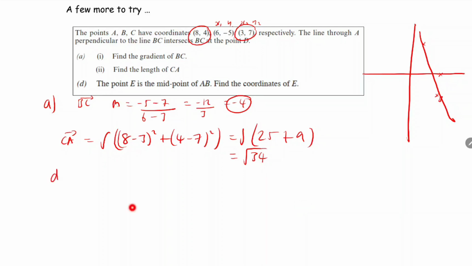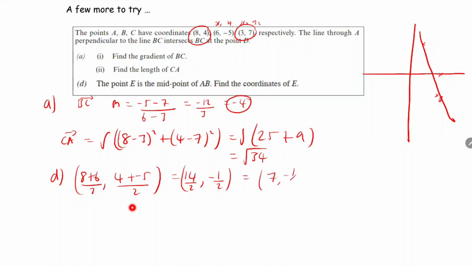And then part D, midpoint of AB. So it's going to be 8 plus 6 over 2, and 4 plus minus 5 over 2, which is 14 over 2. 4 plus minus 5 is 4 minus 5, which is minus 1 over 2. So our midpoint is 7 and minus a half.